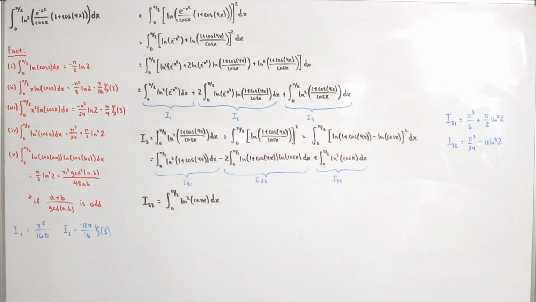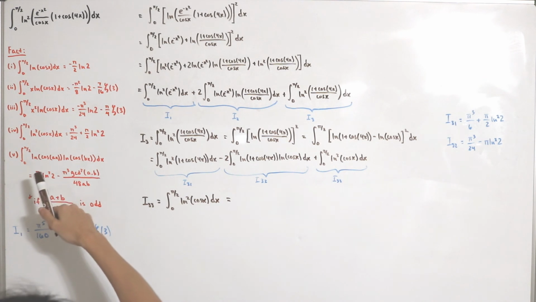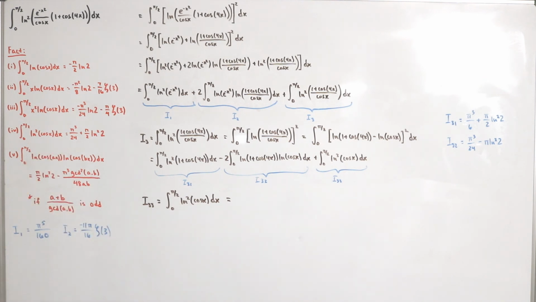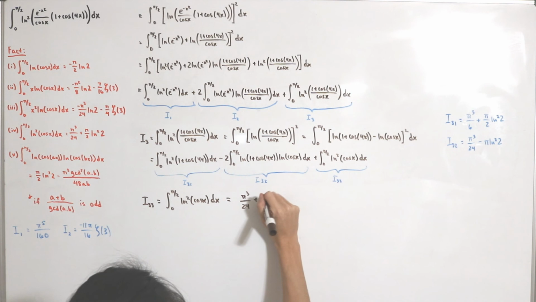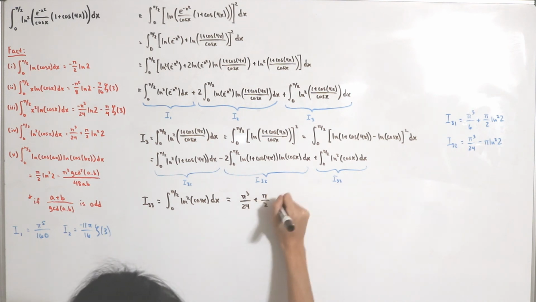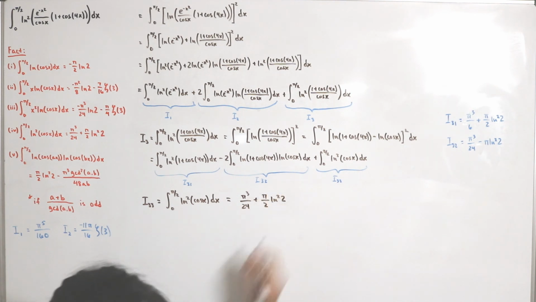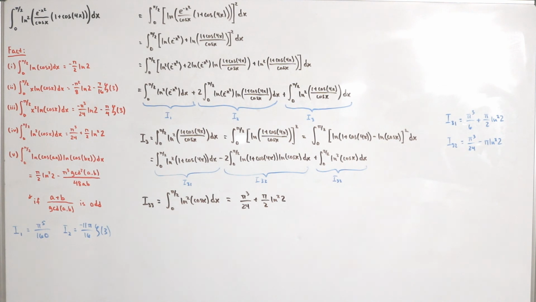But that is easy to see by the justification of fact number 4, that it's simply pi cubed divided by 24 plus pi over 2 ln squared 2, and that is because of fact 4 here.